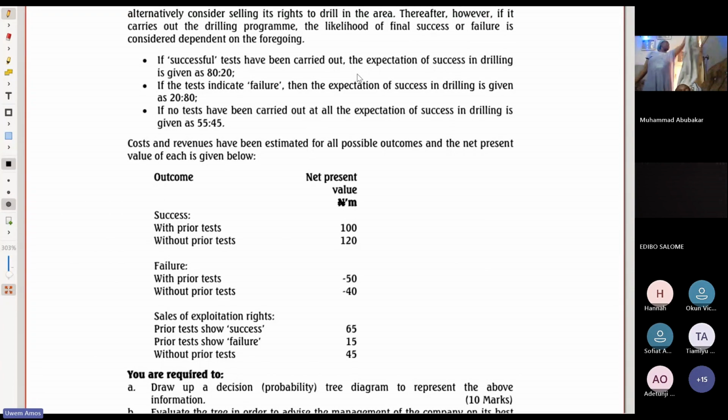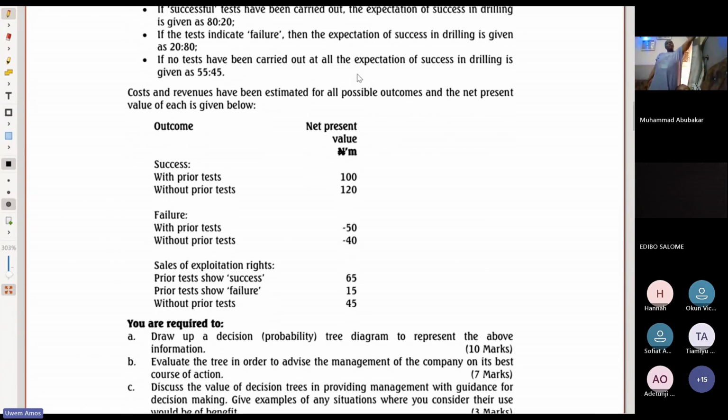You're required to draw a decision or probability tree diagram to represent the above information. That's our A part. B, evaluate the tree in order to advise the management of the company on its best course of action.